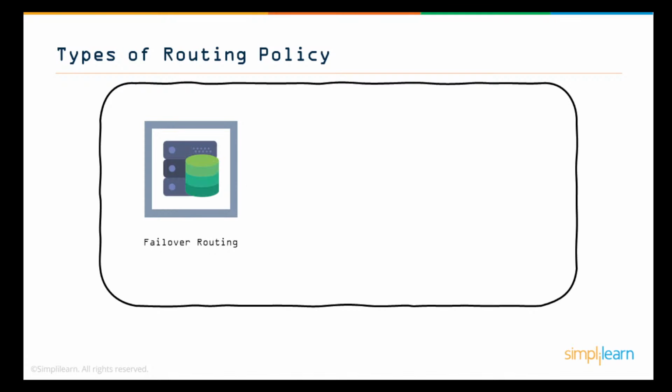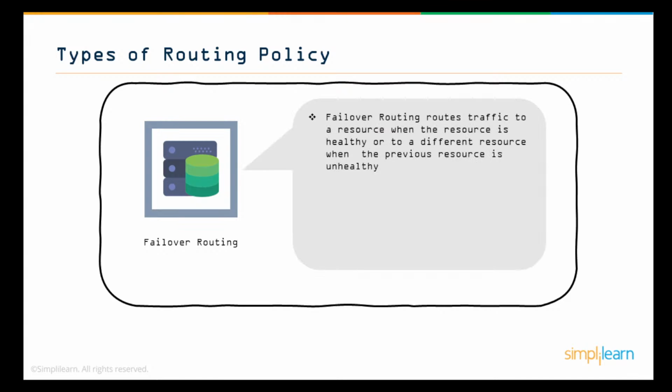Then we have another type of routing policy called the failover routing policy. Now what happens in a failover routing policy? Failover routing routes traffic to a resource when the resource is healthy, or to a different resource when the previous resource is unhealthy. Failover routing policy is just like an active-standby kind of setup. For example, let's say we have two servers in the backend where the same website or application is running.